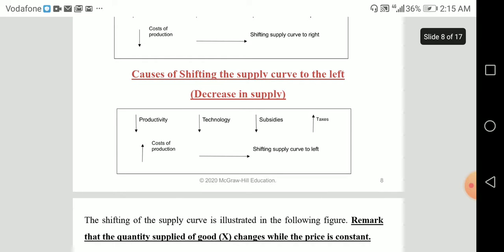I'm having higher and higher taxes, so I will decrease supply. Costs of production are very high, so I'm having a decrease in supply. All these factors will shift the supply curve to the left.